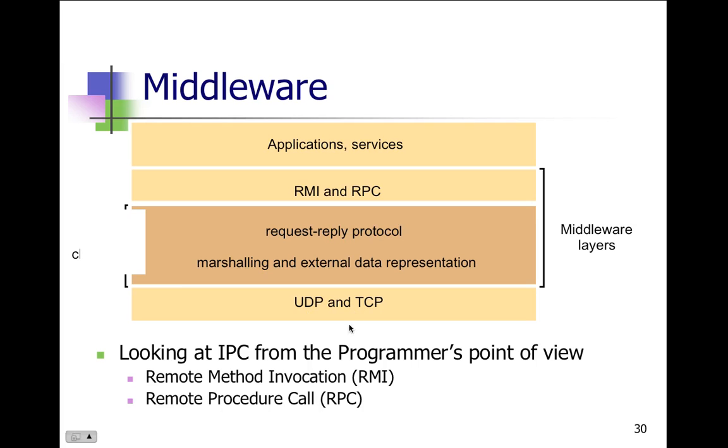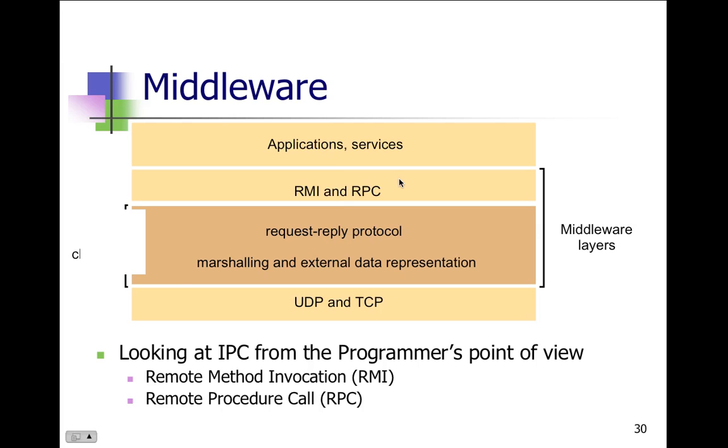And then UDP and TCP, if I were to finish the chart out, would have IP underneath. So looking at IPC, interprocess communication, from the programmer's perspective, we have remote method invocation from our Java EE, and we have remote procedure call. Both of them are supported in Java, actually. Two separate protocols, two separate application techniques, and then we write the applications and the services on top of that.